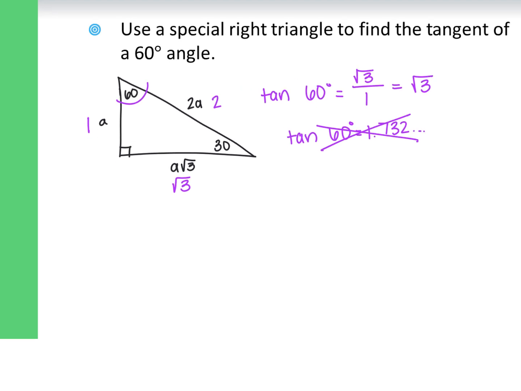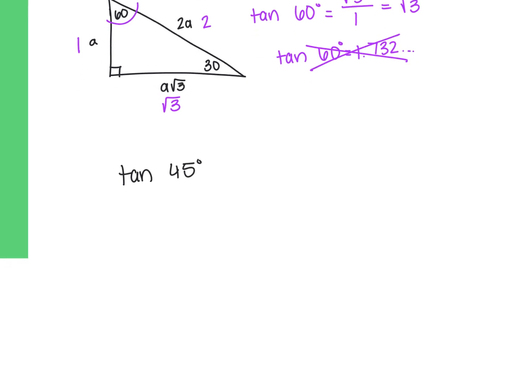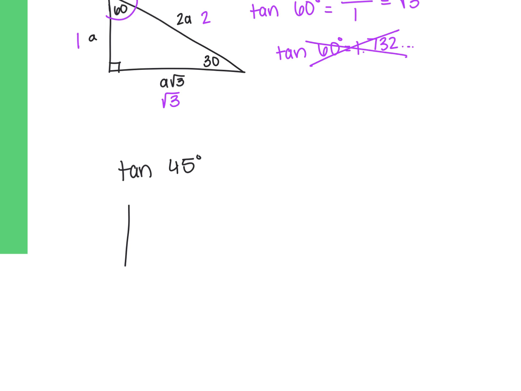So let me give you another example. If they say solve for tan 45, here's my special right triangle. This is a 45, 45, 90 triangle. And again, what do we have before? We had A radical 2.